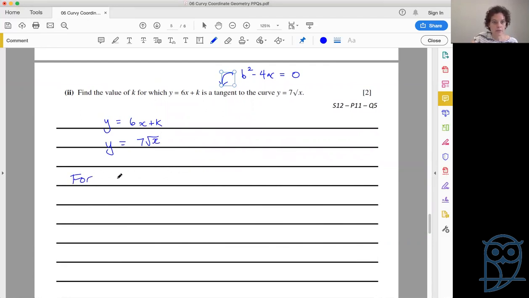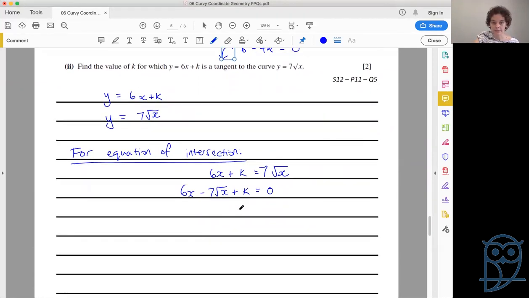For the equation of intersection, 6x plus k equals 7 root x. So 6x minus 7 root x plus k equals 0. Okay, and our discriminant will work on this because this is in effect a quadratic.